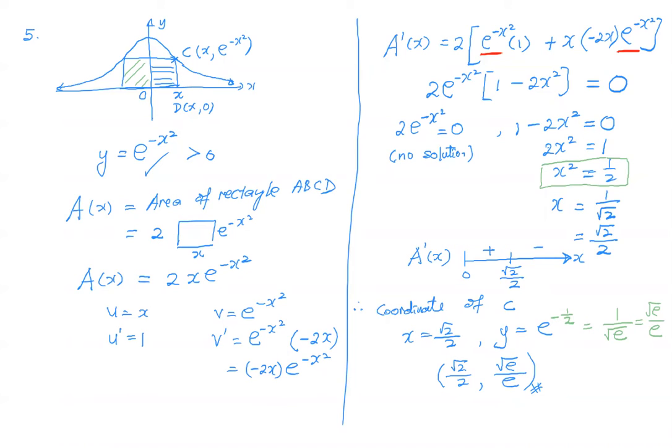If you tell me root 2 over 2, I will say it is approximately 0.7071 if I'm not mistaken. Yeah, because root 2 is 1.414. So you divide by 2, 0.7 something. Okay? So this will be the final answer. Are you clear?